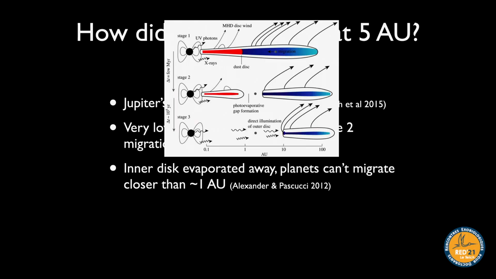Maybe Jupiter migrated inward, but this happened late enough in the game that the disk, as it dissipated, had already started to be chopped into two by photoevaporation. So this image is showing the dissipation of a disk due to photoevaporation. So if Jupiter was migrating in from the outside relatively late, it couldn't get past that barrier, that inner edge of the outer part of the disk.